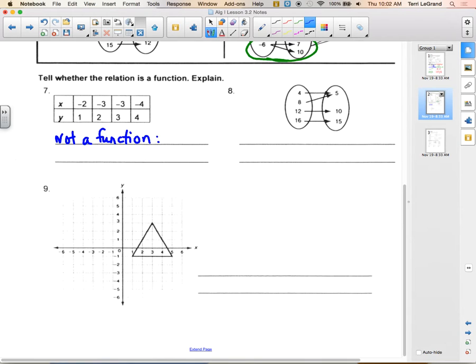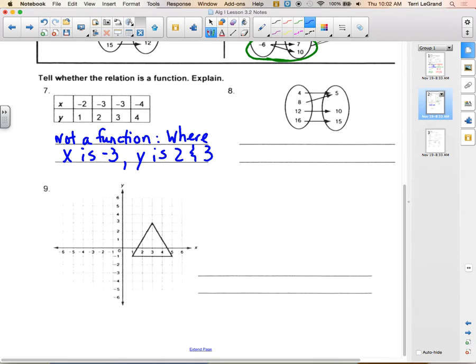In other words, if it's not a function, which x value has more than one y value? What's the problem, Candace? -3 is paired with 2 and 3. Yeah, when x is -3, y is 2 and 3. We can't have two different y values. We can only have one y value.